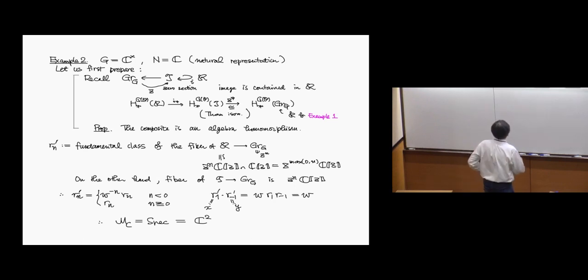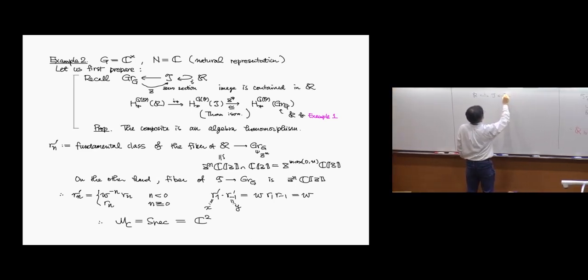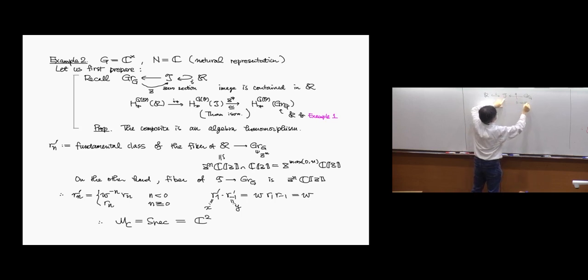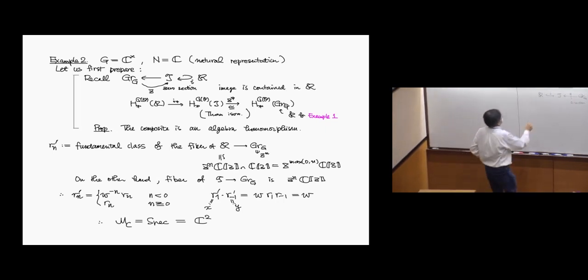So this is a general result. You have the inclusion of R into T, and you have the zero section, which I denote by Z. So this is the zero section. So we consider the projection. This is a vector bundle over the affine Grassmannian. You can consider the zero section.